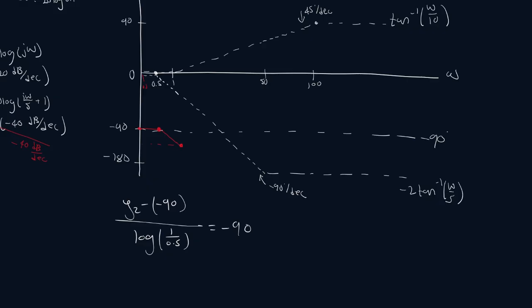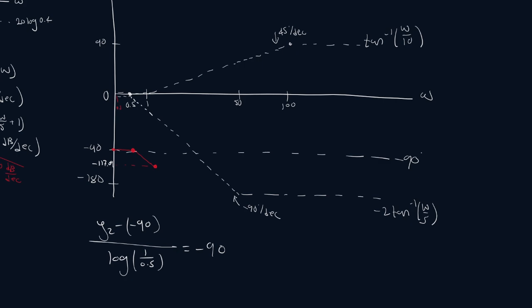So let me see what that gives me. 100 minus 117. So this is minus 117.09 degrees. But then from here on, we have to add this and this together. So minus 90 plus 45. That's minus 45.